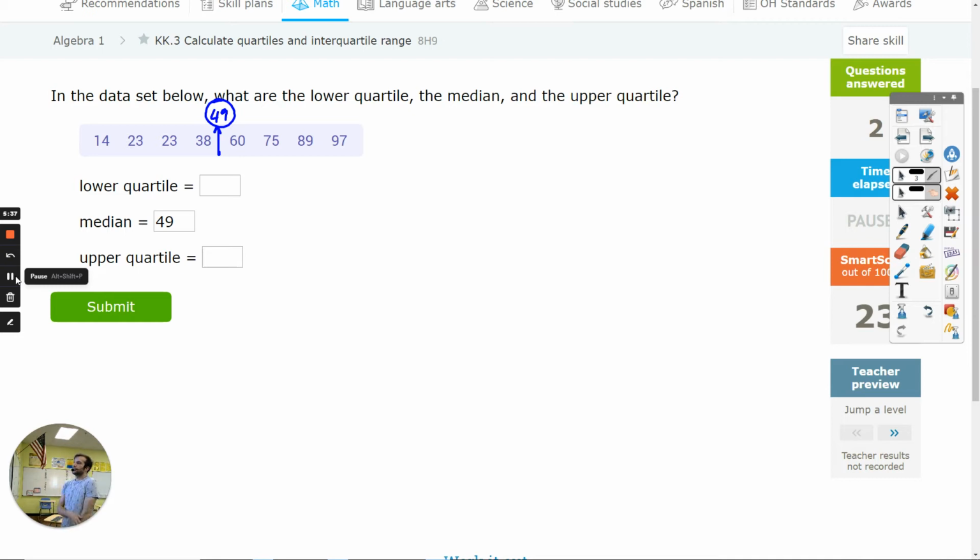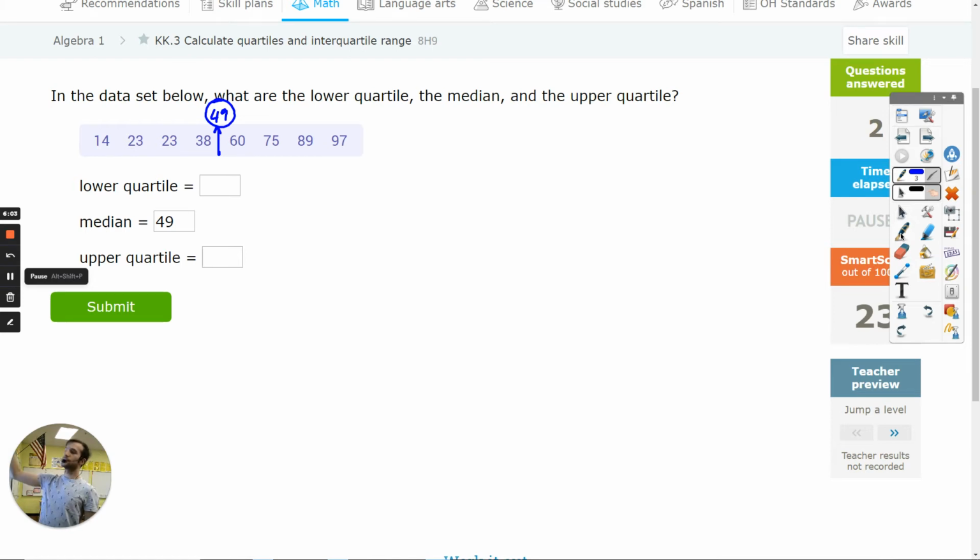So let's continue. Once we find the median, we want to make sure that the number of items to the left of it and to the right of it is the same. To the left of 49, we have 4 numbers. To the right of it, we have 4 numbers. So we're good. We need to find the median of these 4 numbers, 14, 23, 23, and 38.